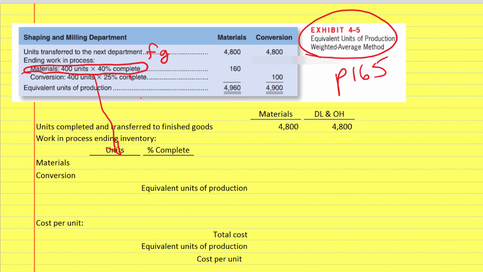Those units have 40% of their materials. So I'm going to drop in on the materials in ending inventory row, units of 400, right there. And those 400 units have on average 40% of their materials.